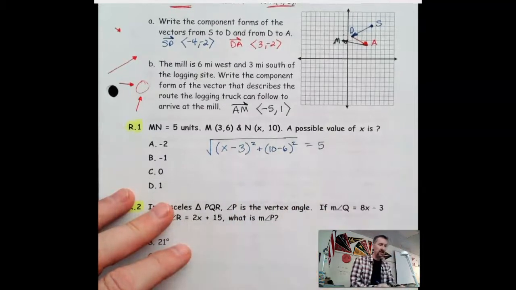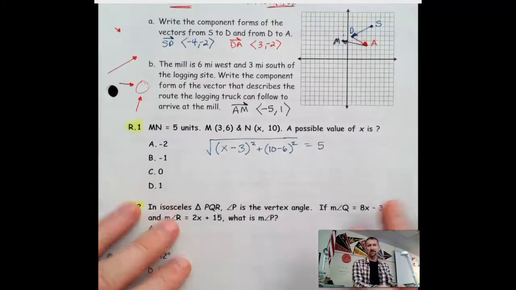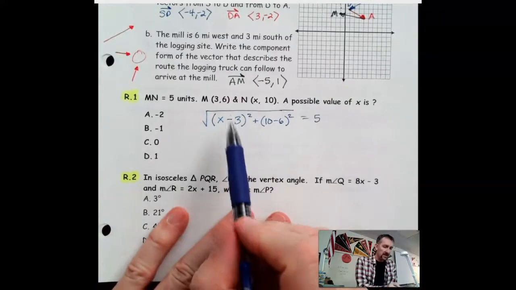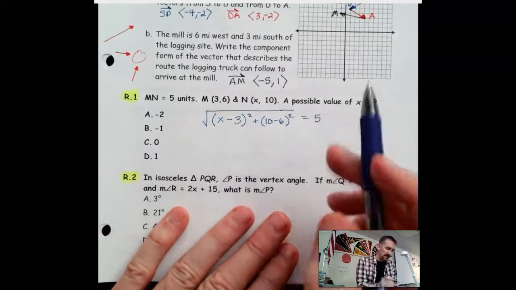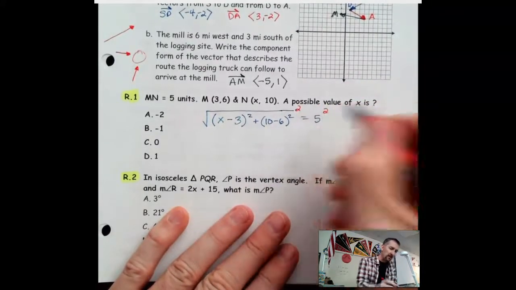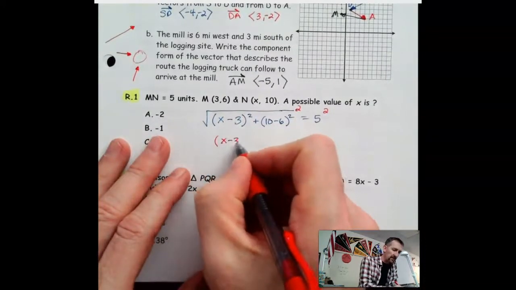It's 5. Now there's another way: you could guess and check. You could plug these numbers in, see which one works, but maybe it'll take longer. We'll see. Okay, now what happens is students sometimes want to get in here and start multiplying this out, but let's square both sides, and let's leave this alone. Don't mess with that.